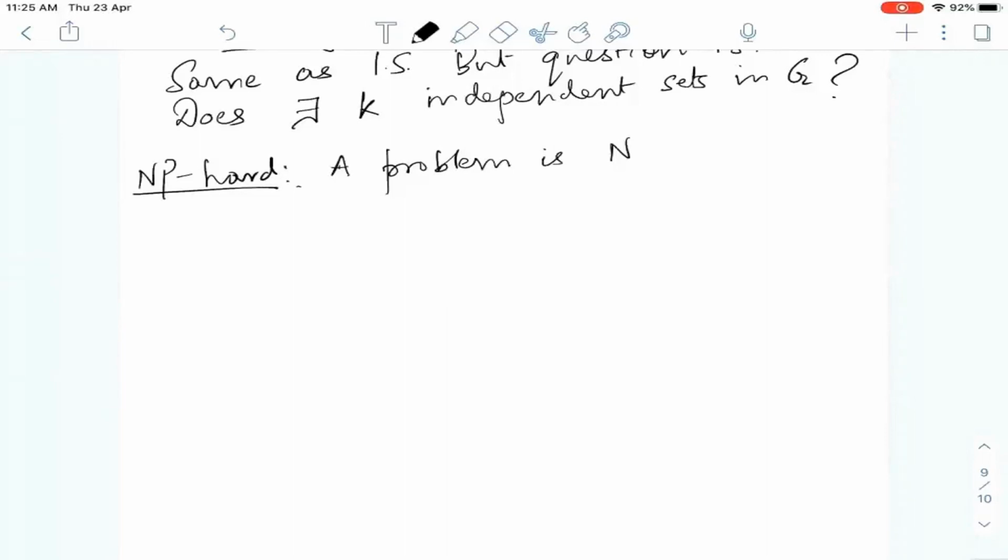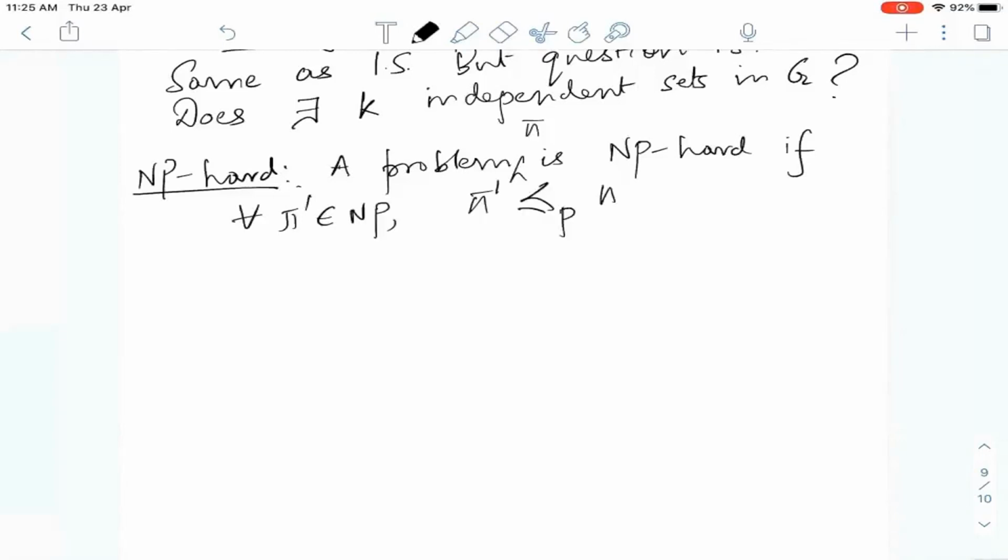A problem pi is NP hard if for all pi prime belonging to NP, pi prime is reducible to pi. So if all the problems that are in NP are reducible in polynomial time to problem pi, then we say that this problem pi is NP hard. Very simple definition. Nothing much going on here.